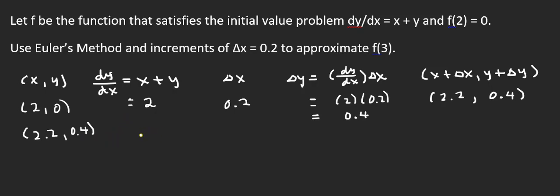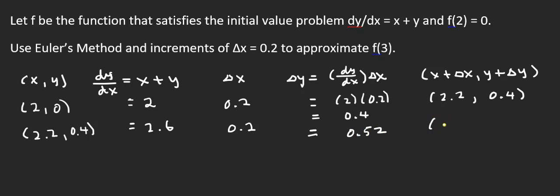Okay, you need to repeat this process until you get to an x value of 3. So let's do it. What is our dy over dx? It's going to be x plus y, which is 2.2 plus 0.4, 2.6. Again, delta x is 0.2. And then it's 2.6 times 0.2, which is going to be 0.52.